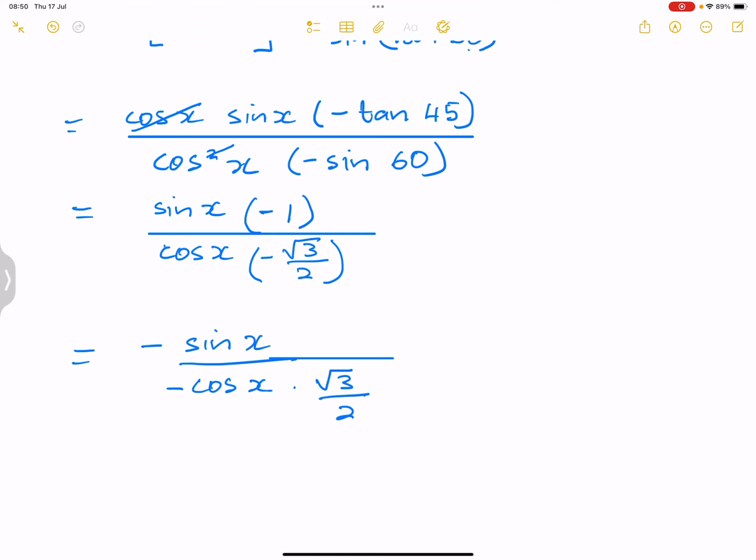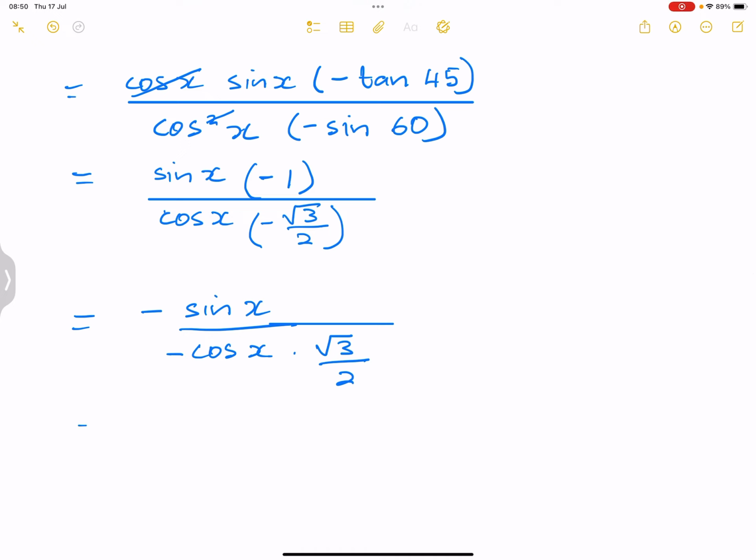And ladies and gents, needless to say, sine over cos will give me tan, right? But that's tan x, right, divided by root 3 over 2, or you can say this is going to be 2 over root of 3. Okay, that is really our final answer.